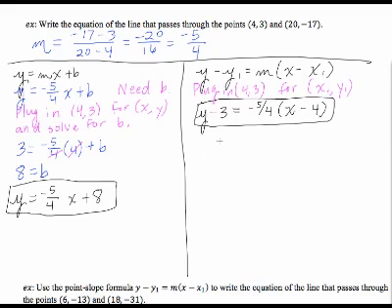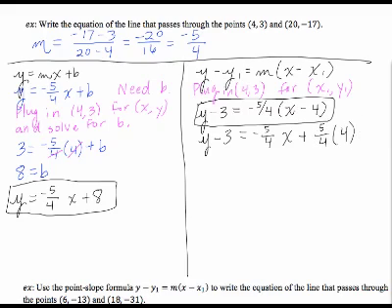Now I want to go ahead and solve it for y anyway so that you can see that these two are actually the same. If we solve this equation for y, we'll need to distribute the negative 5/4 and move the 3 over. So first let's distribute that negative 5/4, so negative 5/4 times x. Negative 5/4 times negative 4 is going to be positive 5/4 times 4.